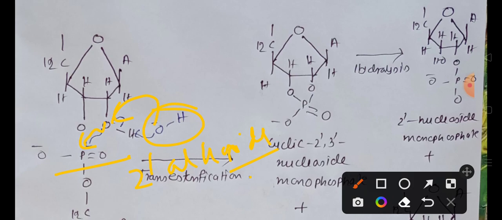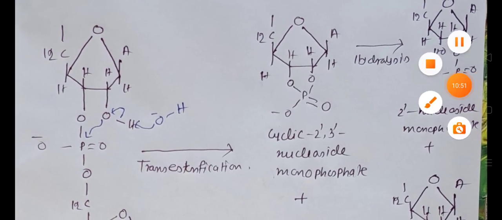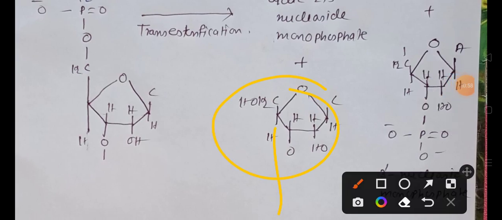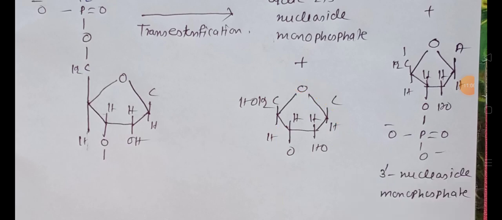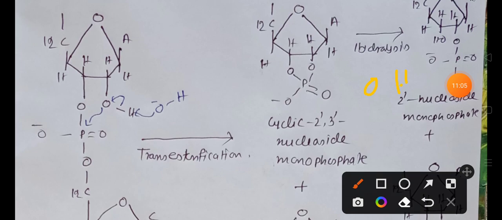Now it will create cyclic 2' 3' nucleoside monophosphate and the remaining part of the RNA chain. Now the thing is not over here. Another hydroxide ion will again react with this 2' 3' cyclic monophosphate, leading to the formation of 2' nucleoside monophosphate and 3' nucleoside monophosphate. That's how hydrolysis of RNA occurs under alkaline condition.